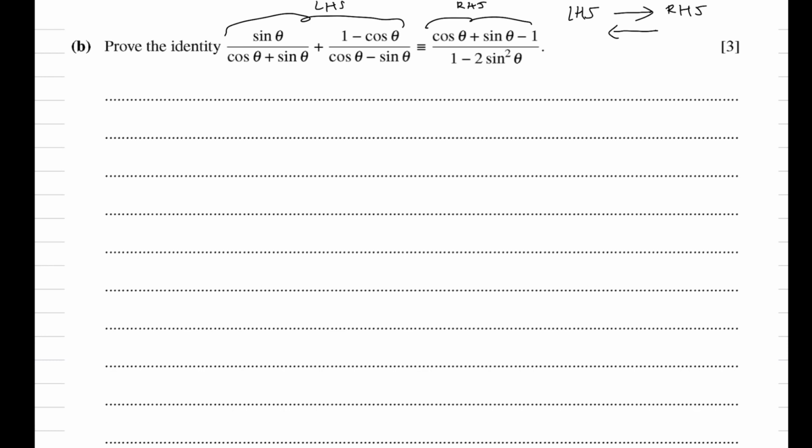It's harder. So start from the most complex one, which is left hand side. Sin theta over cos theta plus sin theta plus 1 minus cos theta over cos theta minus sin theta. Now we want to change it into this. How do we do that?